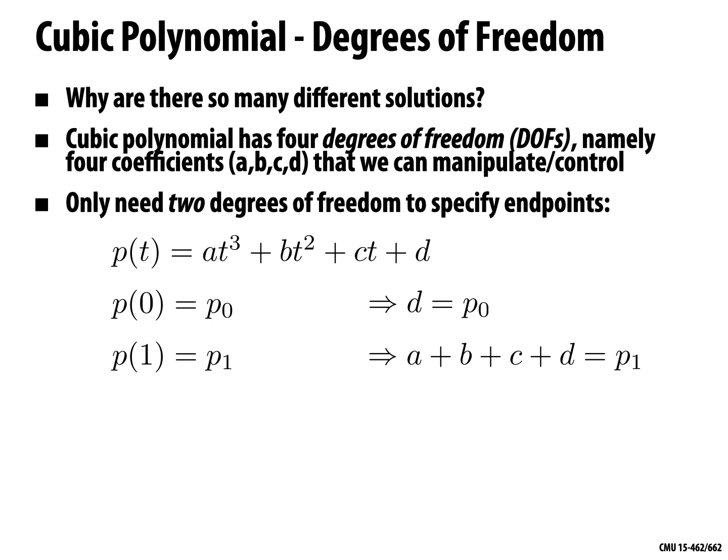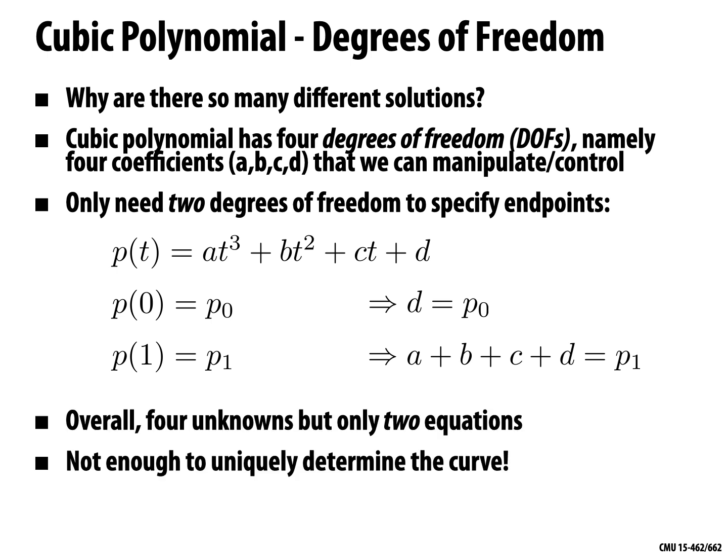Okay? So what we've done essentially is turn this into 2 linear equations in 4 unknowns. Right? And so that's not enough to uniquely determine the curve. By the way, this is generally going to be the flavor of what happens when we're fitting polynomial curves to data.